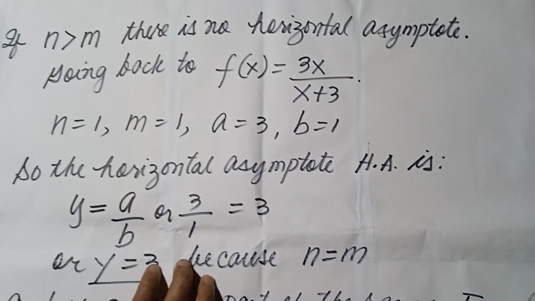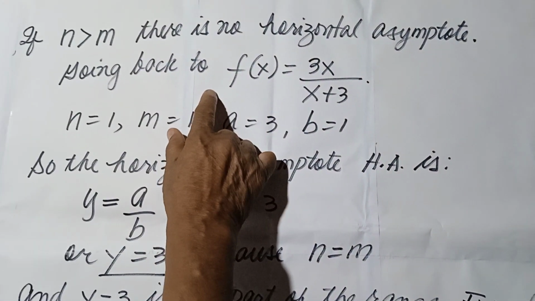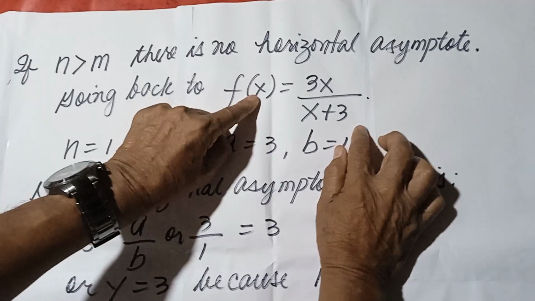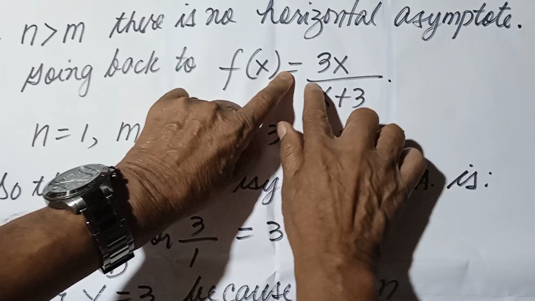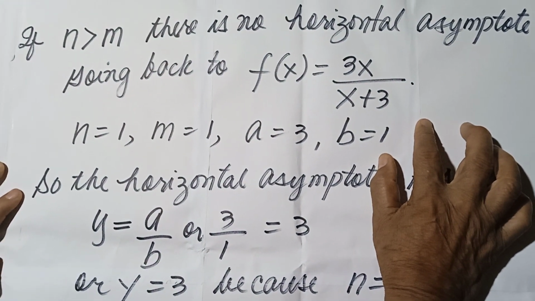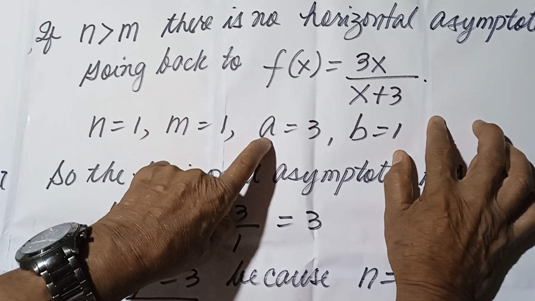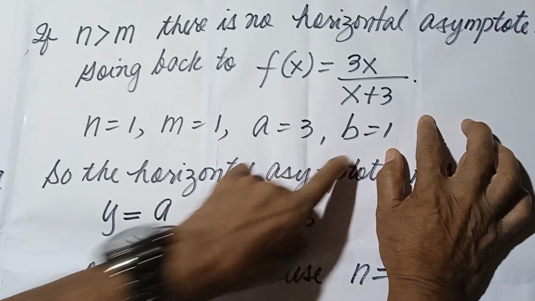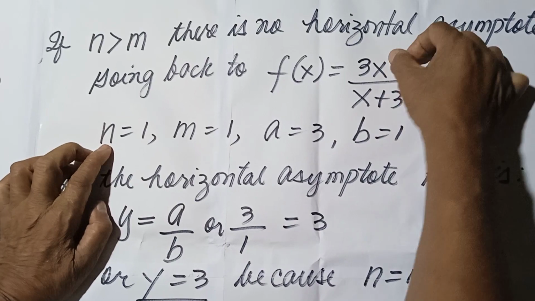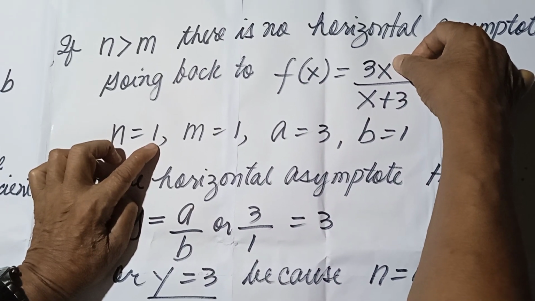So, going back to our function under study, f of x equals 3x over x plus 3. We label n, m, a, and b. Our n, the degree of the numerator, is 1.